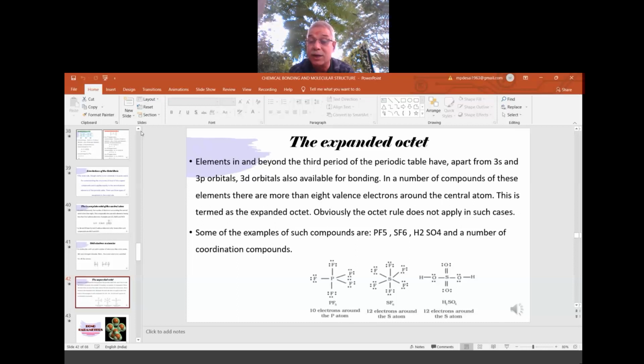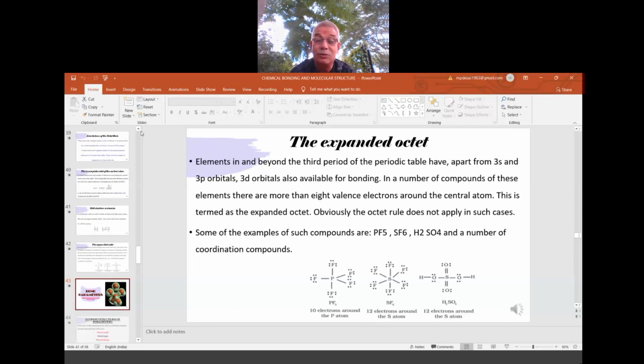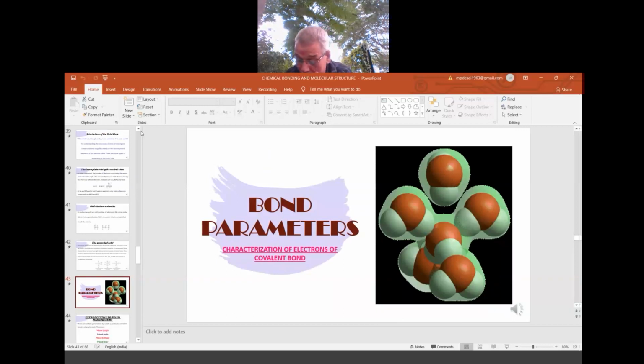And in the case of sulfuric acid, please see the sulfur. 1 double bond above, 1 double bond below, that is 4 electrons, and this side 2 and this side 2. So 4 plus 4, 8, 8 plus 4, 12 electrons. That means they are stable with more than 8, that is known as what? Expanded octet. So the octet is expanded, has become more.